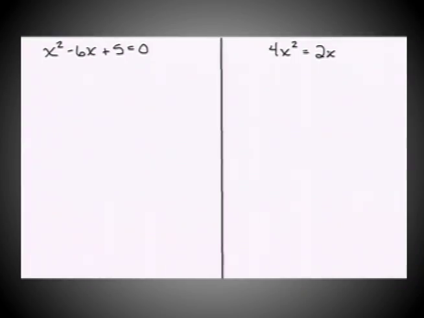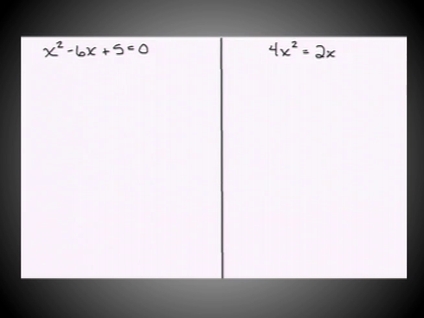As you can see on the left-hand side of the screen here, I have the quadratic equation x squared minus 6x plus 5. The first step in my process is to write this equation in standard form. Hopefully you notice that this equation is already in standard form, which is ax squared plus bx plus c equals 0. In this particular equation, a is understood to be 1. It always goes with the x squared term.